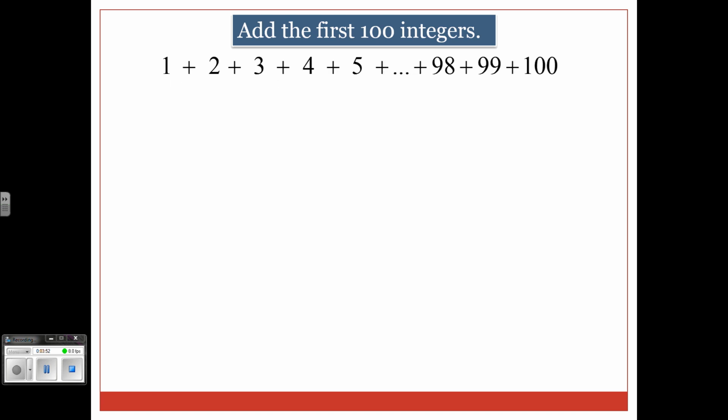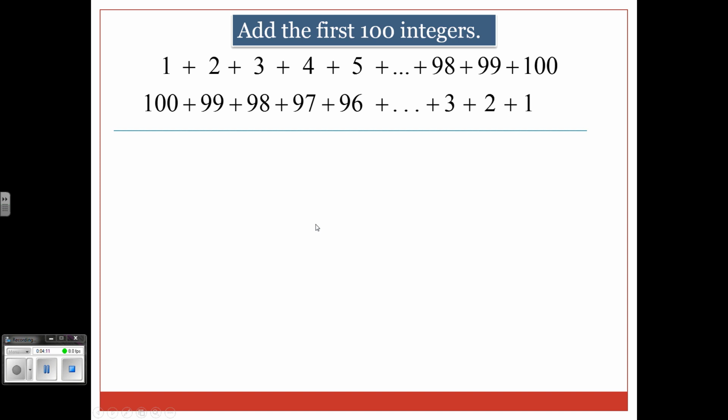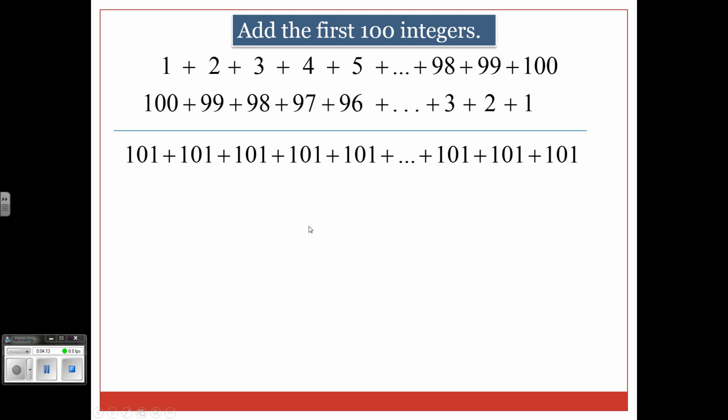So he listed out the numbers 1 through 100, adding them up like that, and then he listed them out again underneath it, but going backwards. So starting with 100 and going down to 1. And then if you add each pair, so add these two lines together, each time you add, you get 101.